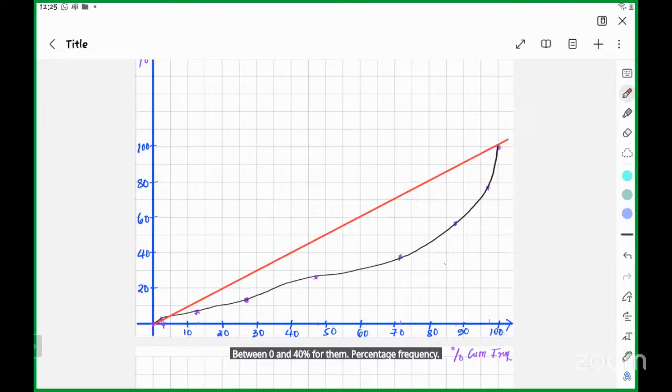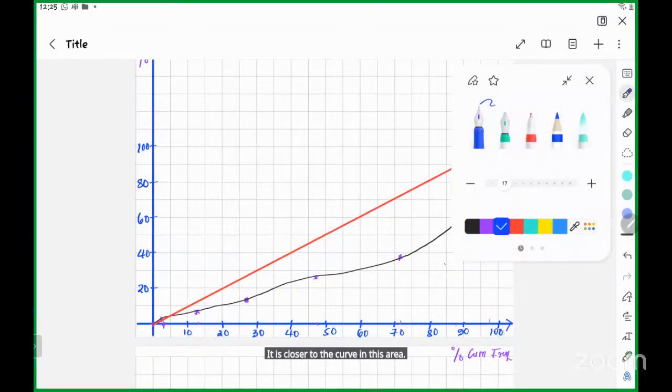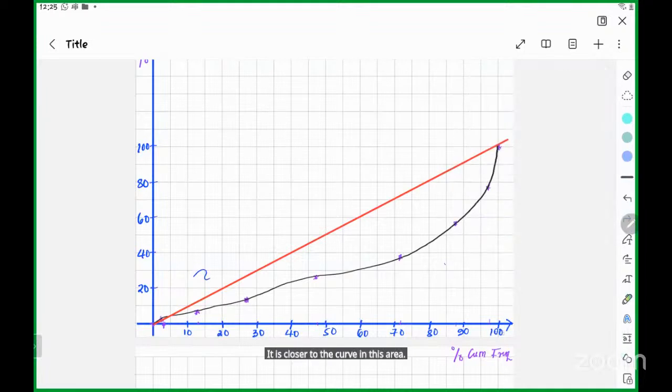It is closer to the curve in this area. You see that? But later, it widens. They become unevenly distributed.